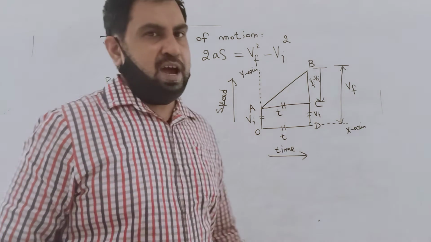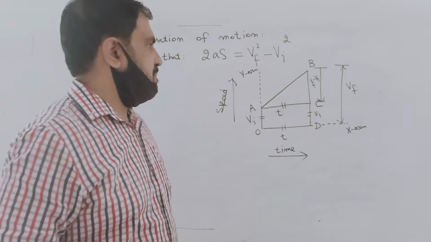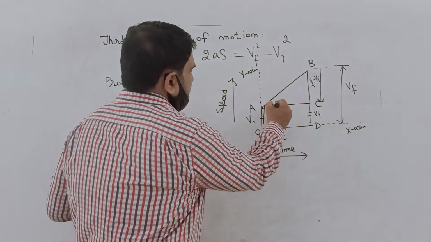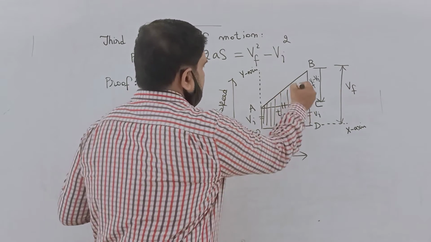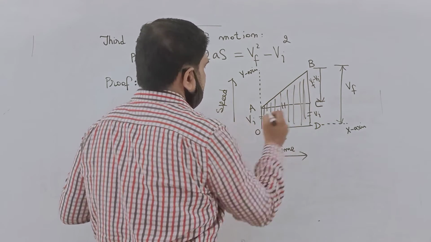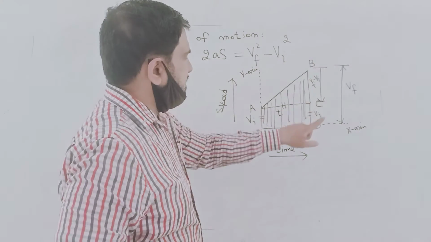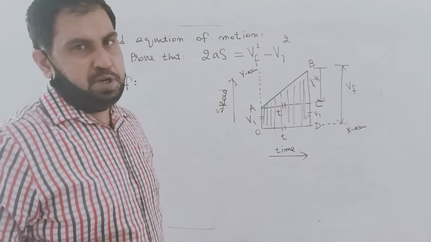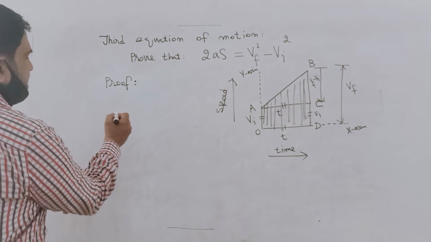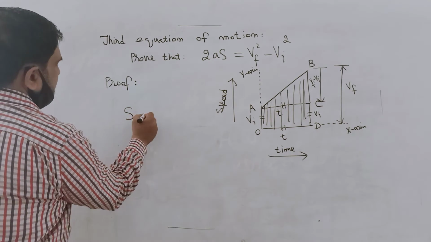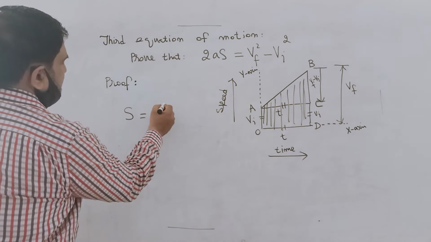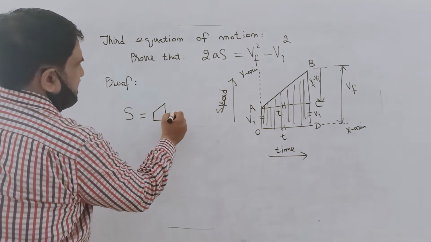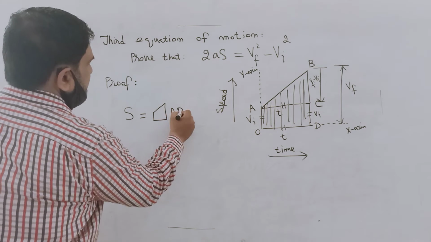Here we have a surface area named trapezium ABDO. ABDO is a trapezium. So total surface area is equal to surface area of trapezium ABDO.